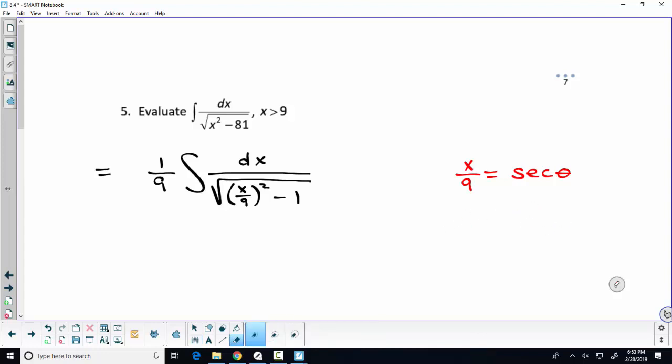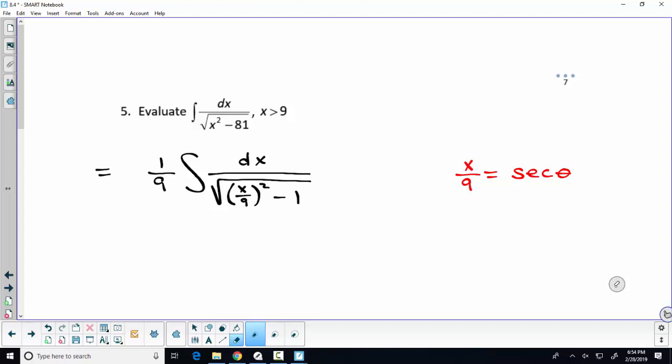Also, be aware that, especially with secant, when we make this substitution, the ones that are given to us will have x larger than 9. We want x to be larger than 9 because secant is not defined for values between -1 and 1. So if x is larger than 9, it's like 10/9, and we're getting well-defined values for secant.